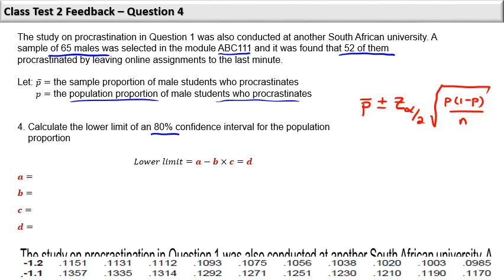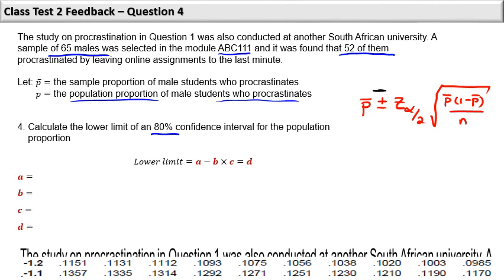And since we know that P bar is the point estimator of P, we can use P bar to approximate or estimate the standard error of P. So we remember that this is the formula of the standard error. In this question, we are asked to find the lower limit, and the lower limit is us finding the minus, not the plus.